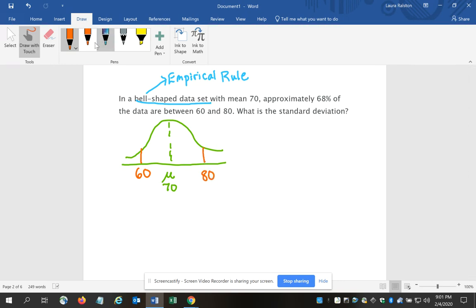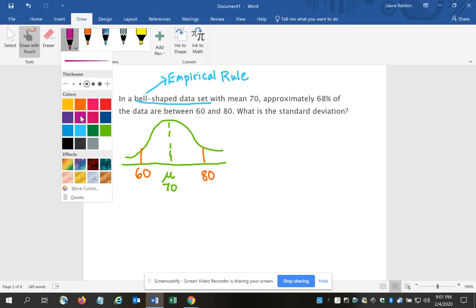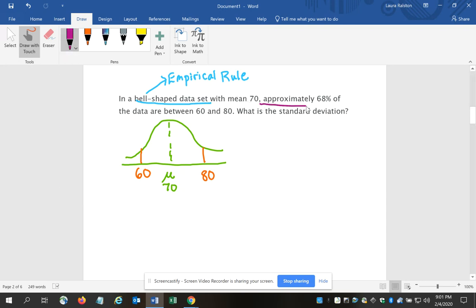We're told in the problem that approximately 68% of the data values fall in that particular interval. So knowing that it's a bell-shaped data set, which means I can apply the empirical rule, and that approximately 68% are between 60 and 80, I have to remember that 68% is the percentage that corresponds to one standard deviation.